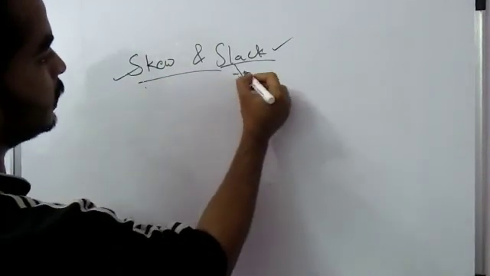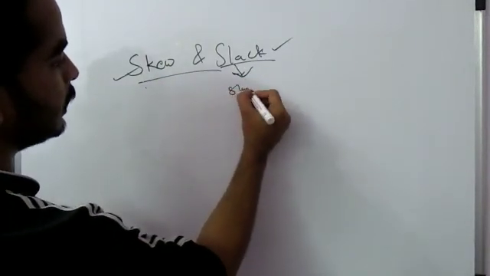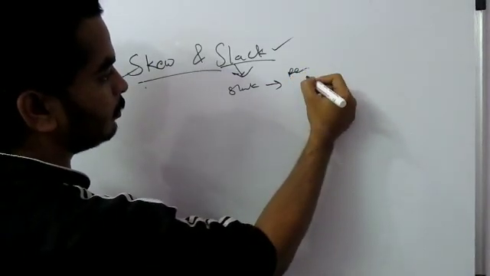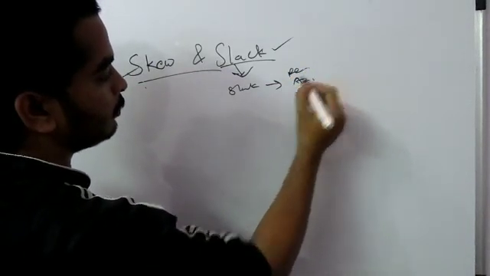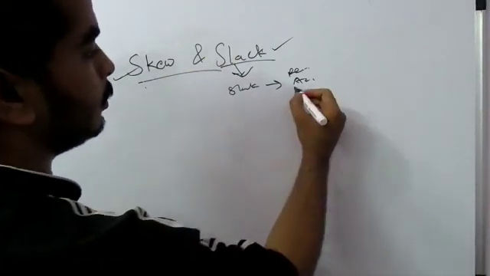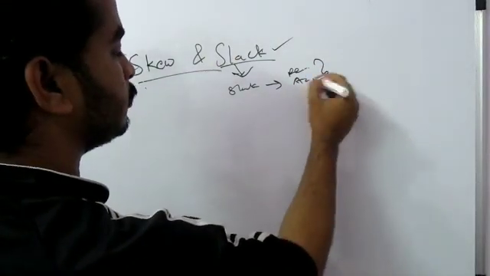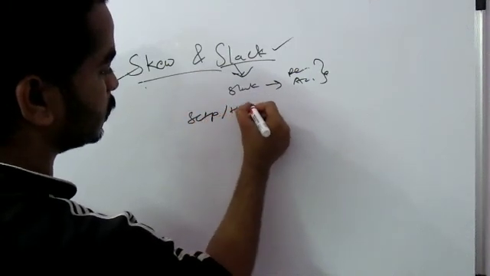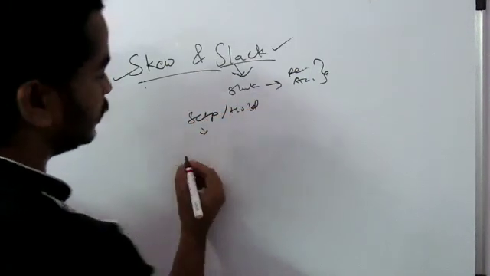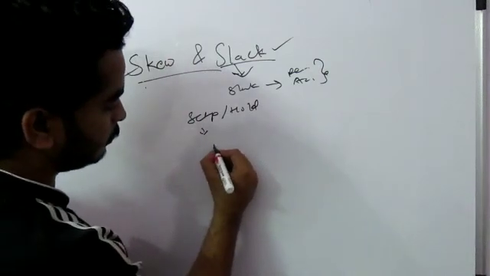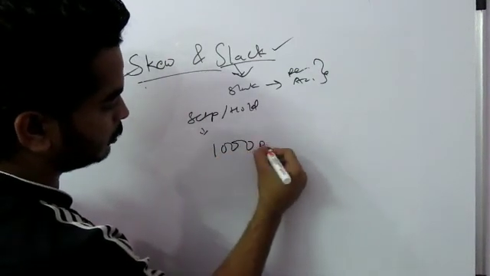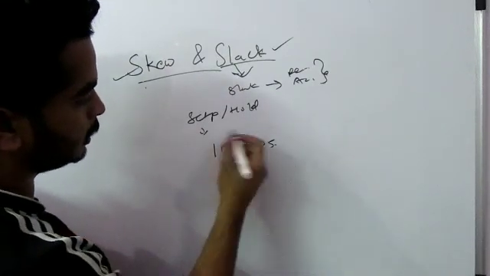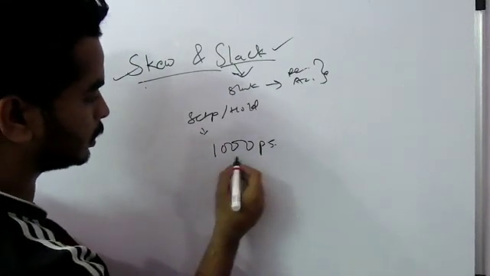Now what is slack? Slack is the difference between the required time and the actual time. Considering the setup condition only, suppose the data required time is 1000 picoseconds.